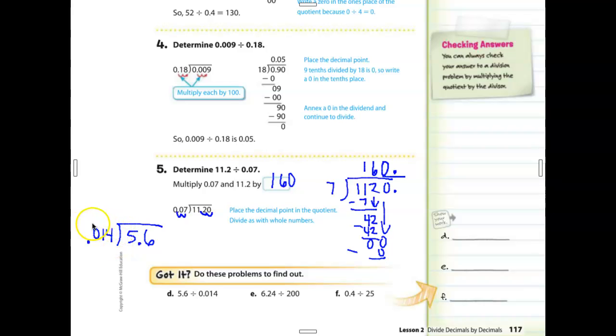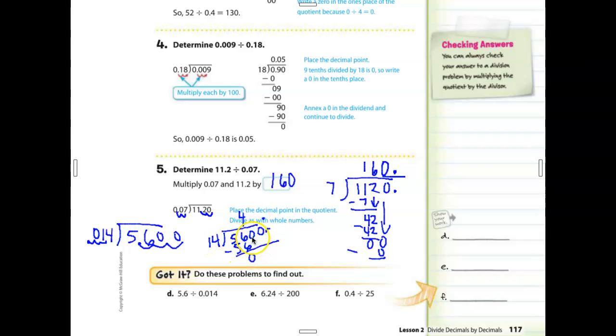That's exactly right. We have to move this 3 places. So how many places do we need to move this decimal? Also 3 places. Go ahead and solve that. Okay, you should have created the number 14 from the 14/1000 and the number 5,600 from the 5 and 6/10. Now we've discovered that 4 times 14 is the same as 4 times 10 is 40, 4 times 4 is 16, that's 56.